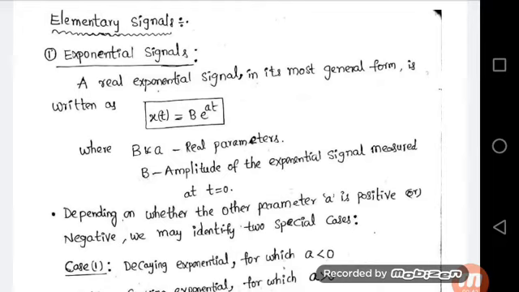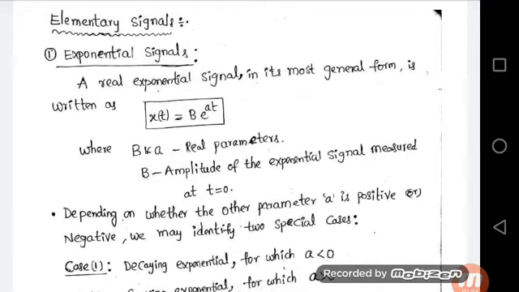Elementary signals. These are classified into different types. First one is exponential signals. That means the behavior of the signal, either increasing or decreasing, depends on the exponential.